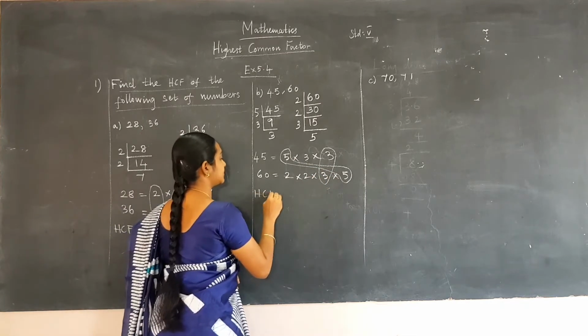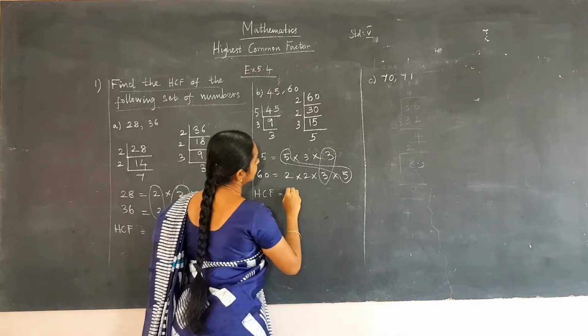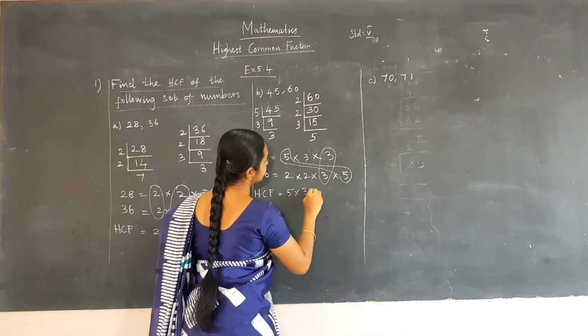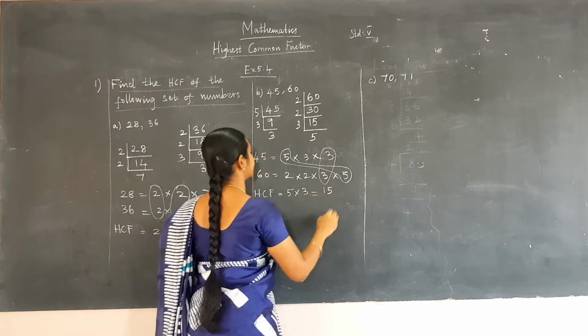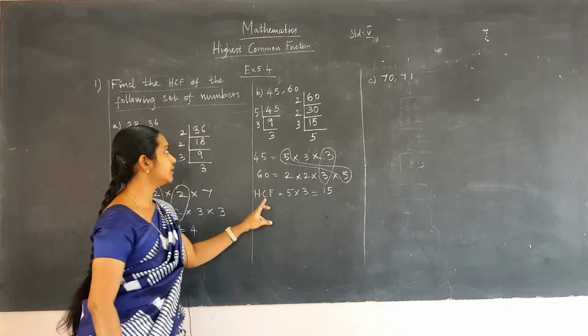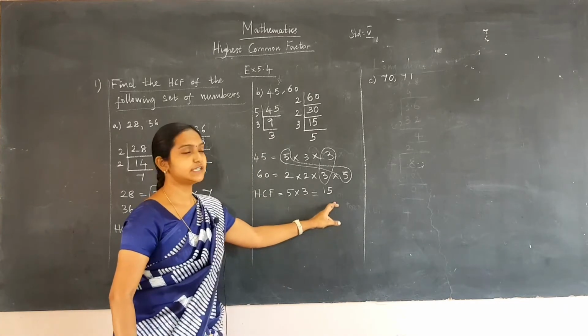So HCF equal to 5 into 3, that is 15. HCF of 45 and 60 is 15.